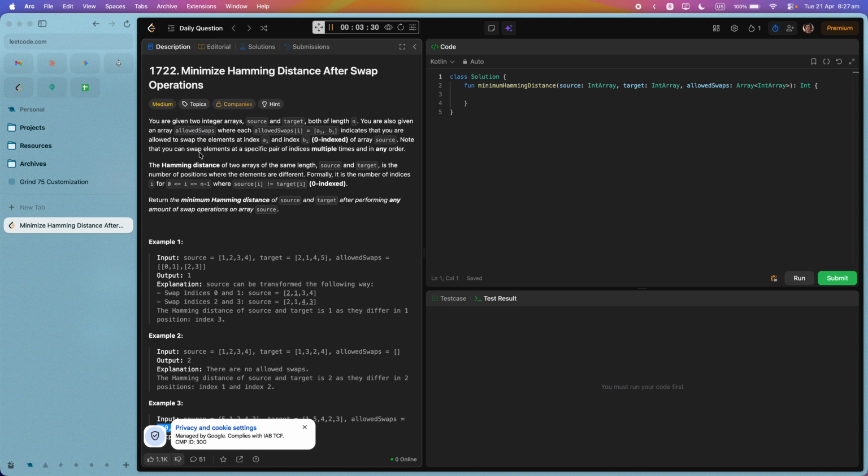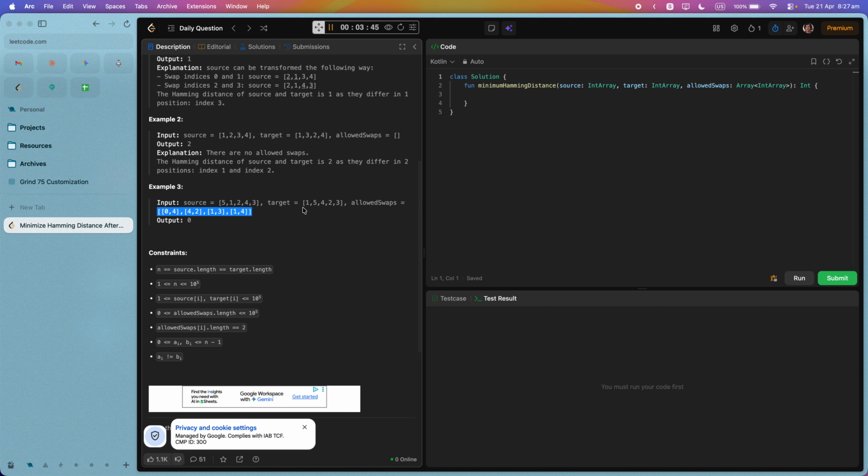Note that you can swap elements at a specific pair of indices multiple times and in any order. So if I swap this and then swap this and then swap this again, I think that's allowed.